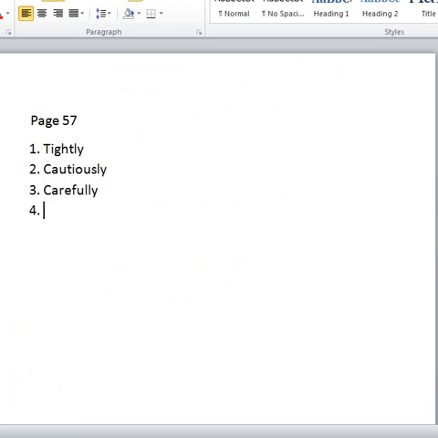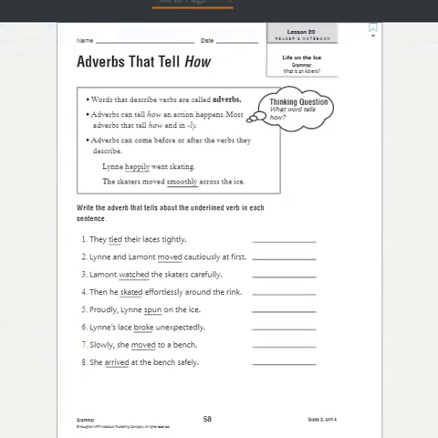Okay, let's go to number 4. Then he skated effortlessly around the rink. The verb is skated, and how did he skate? He skated effortlessly. So we're going to choose effortlessly as our adverb for the verb skated.